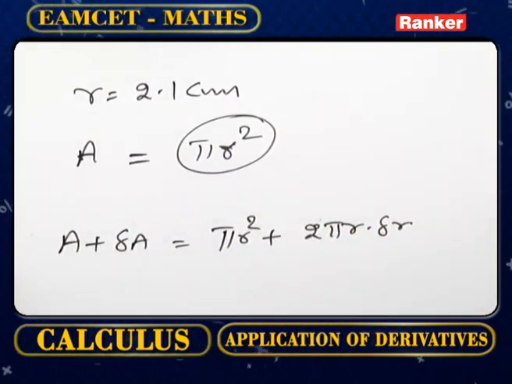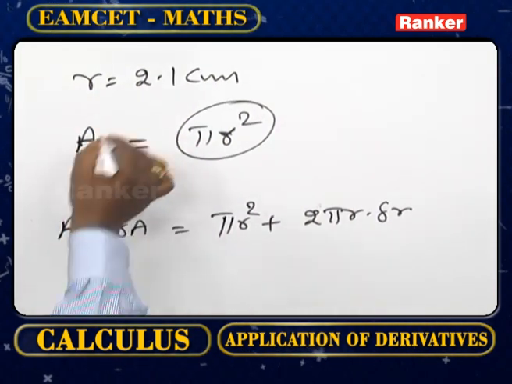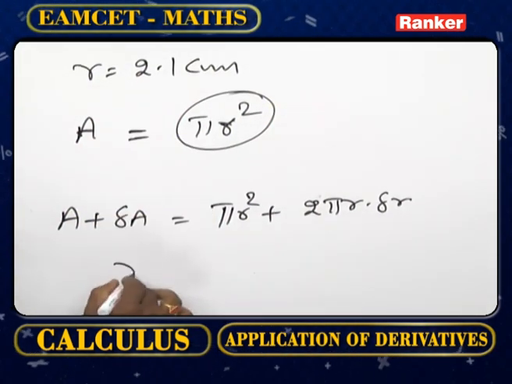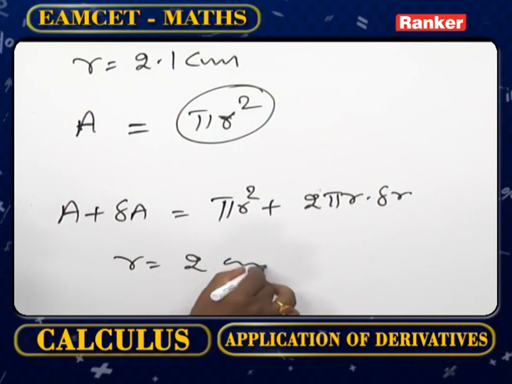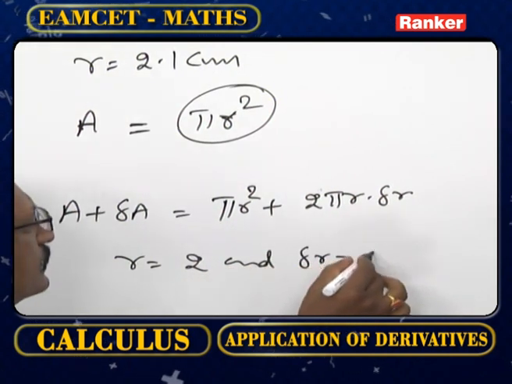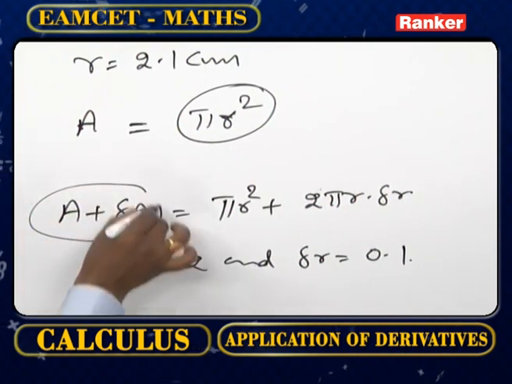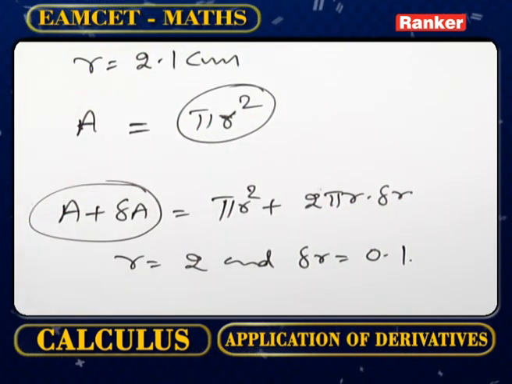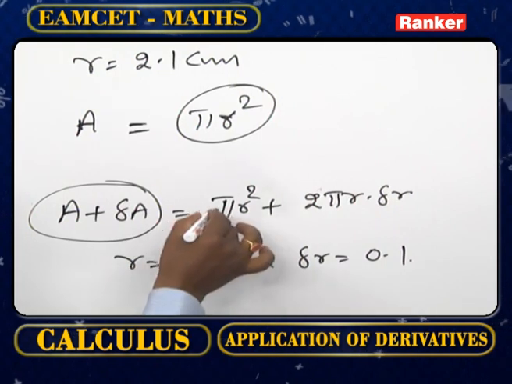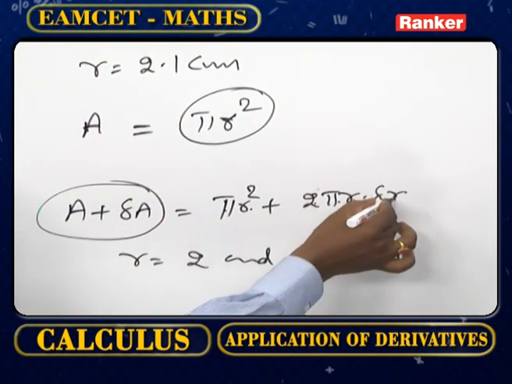Consider r equals 2 and delta r equals 0.1 centimeters. Now approximate area of the circle equals pi r square plus 2 pi r into delta r.